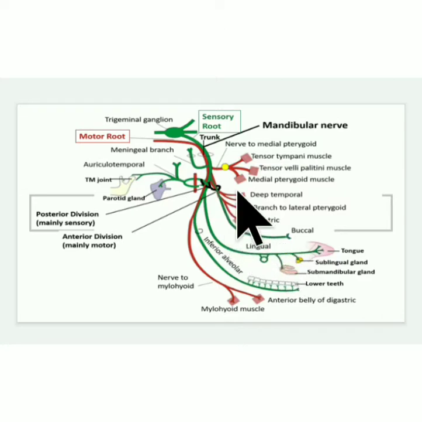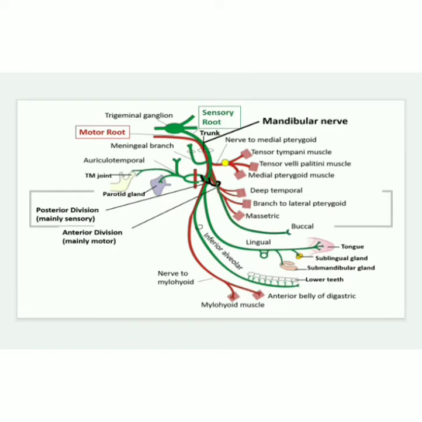Out of the anterior division, it gives four branches, and of these four branches the buccal nerve is the only sensory branch. From the posterior division it gives off three branches: the auriculotemporal nerve, the lingual nerve, and the inferior alveolar nerve.